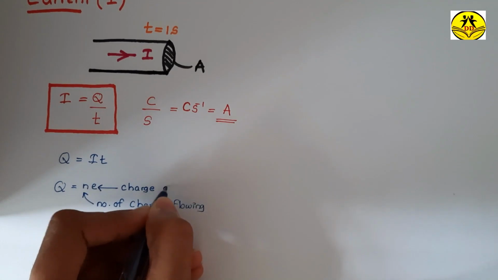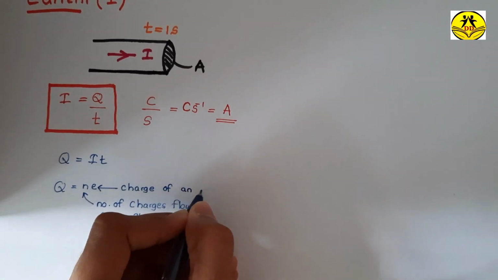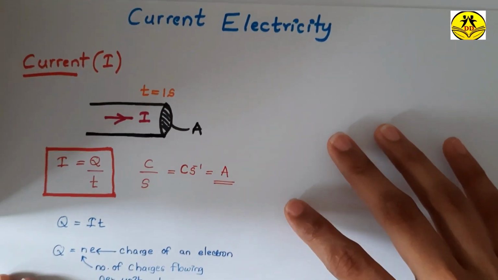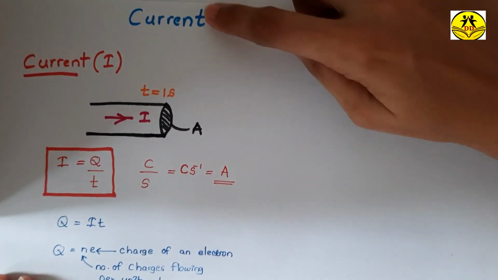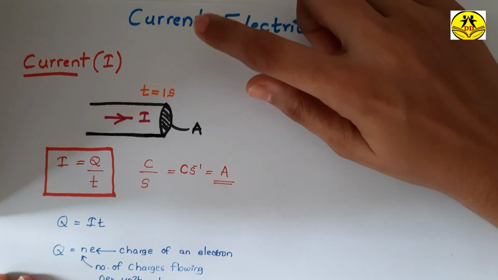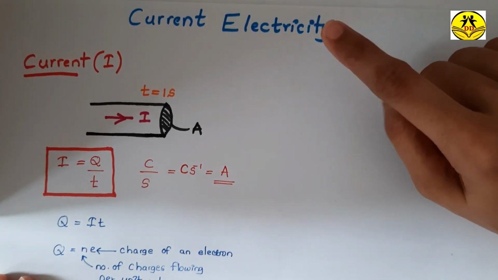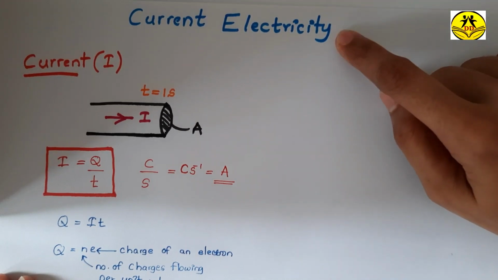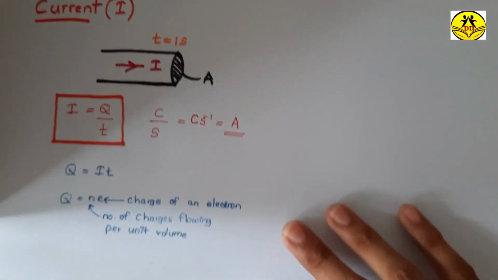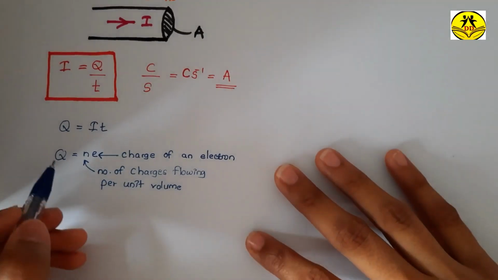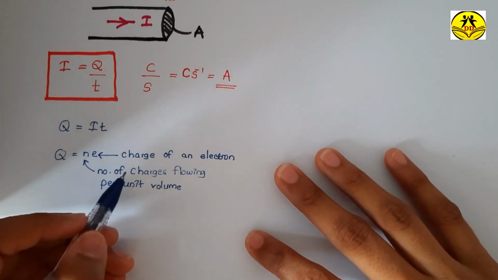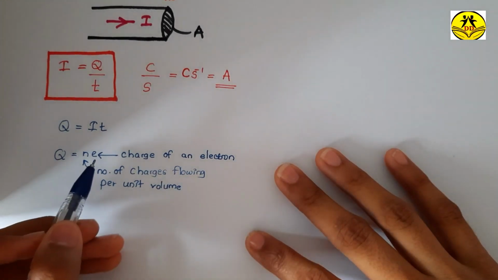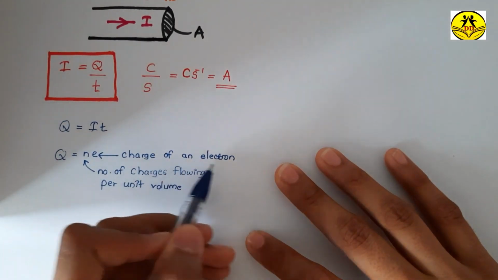Now why do we consider electron? Because our lesson is current electricity. Current is the flow of charges. So in current electricity, we learn about the flow of electrons. The charge here is electron. So we can write Q as NE, number of charges flowing per unit volume, into the charge of an electron.